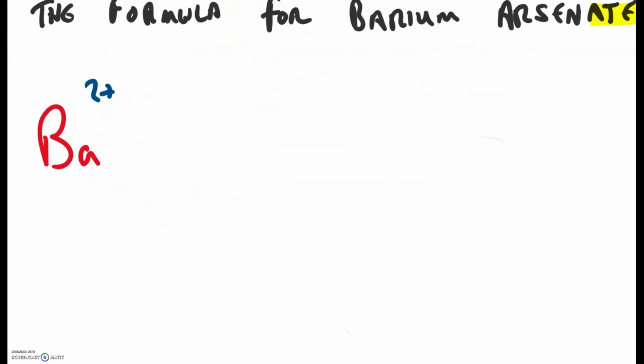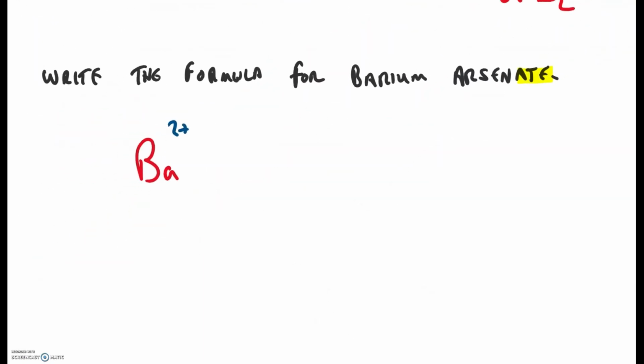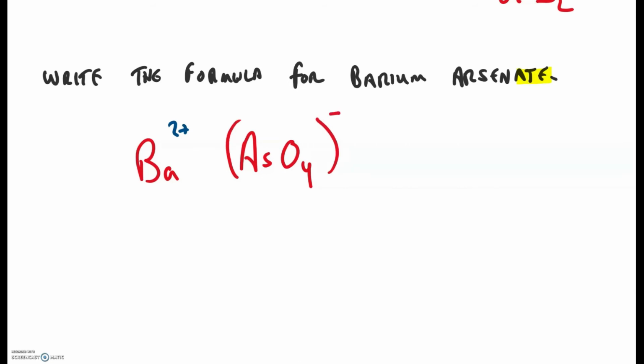So barium arsenate, the arsenate looks like this, AsO4, and it is a polyatomic ion with a charge of -3. So what I'm going to do is put parentheses around it to indicate that this -3 pertains to this entire ion, not just one atom. And we treat these polyatomic ions like single ions. We never mess with the formula inside the parentheses. So let's try this drop and swap technique. We're going to drop the charges off, obviously.